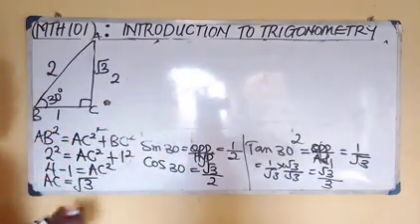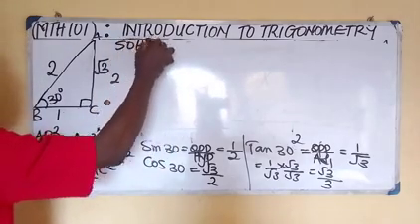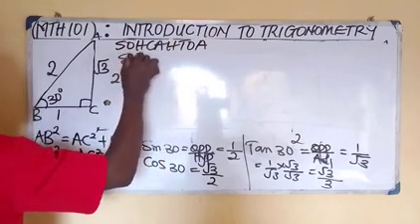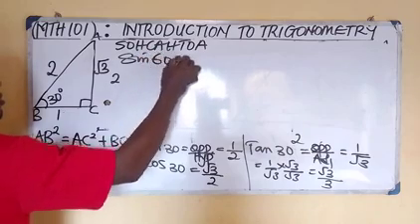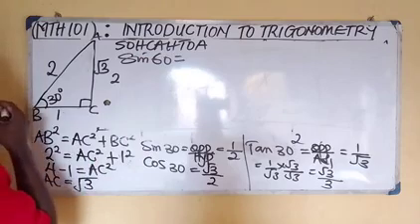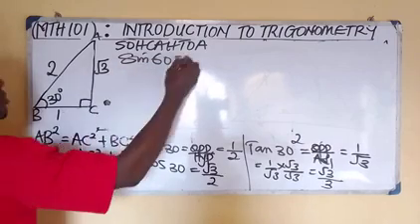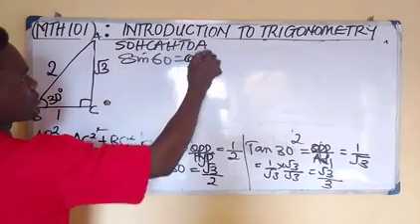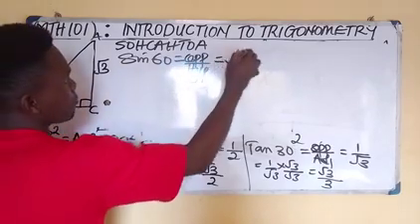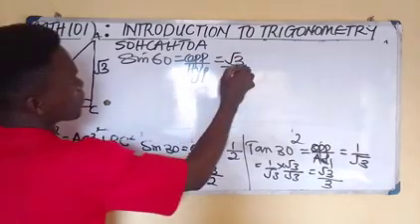Now, don't forget we are still using the same rule, SOHCAHTOA. That is sine 60. Alright, we are done with sine 30. So the same thing, opposite over hypotenuse, here becomes the opposite. Opposite is root 3, and hypotenuse is 2.